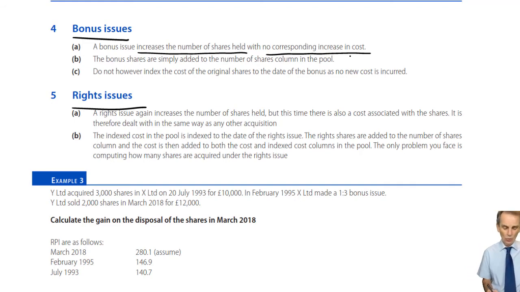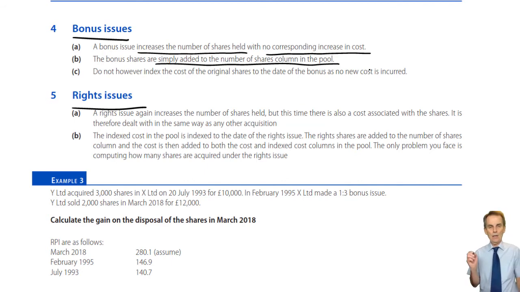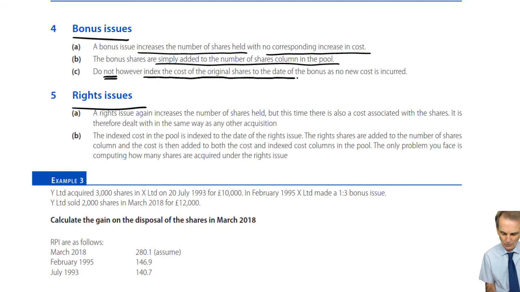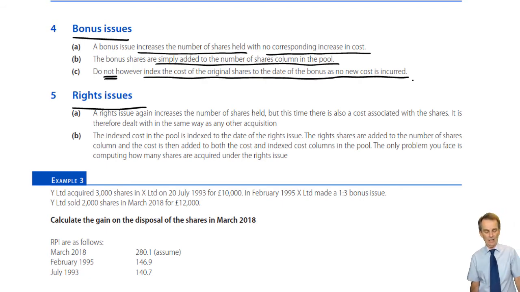In which case, all we do is the bonus shares are simply added to the number of shares column in the pool. It doesn't affect index cost. There is no re-indexation. Do not here index the cost of the original shares to the date of the bonus, as no new cost is incurred.